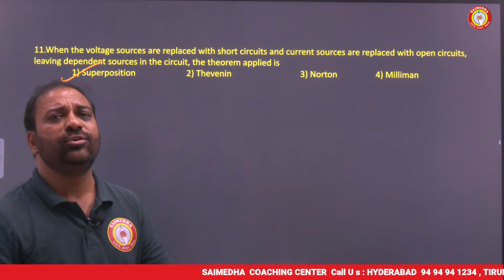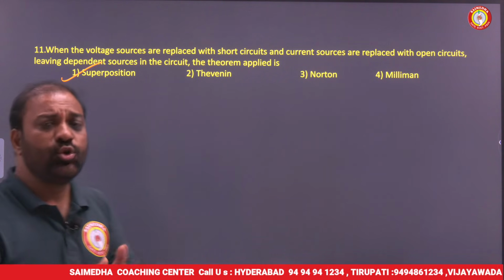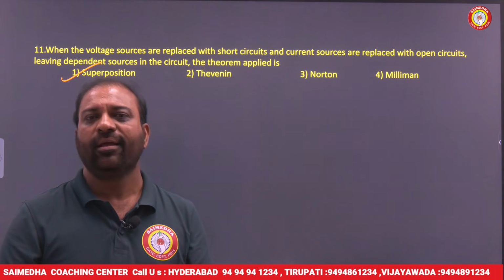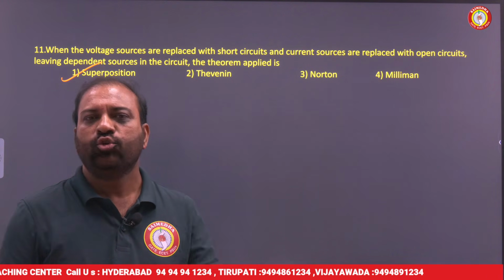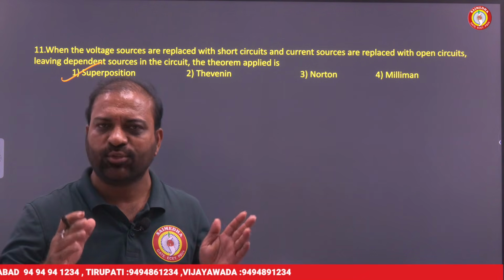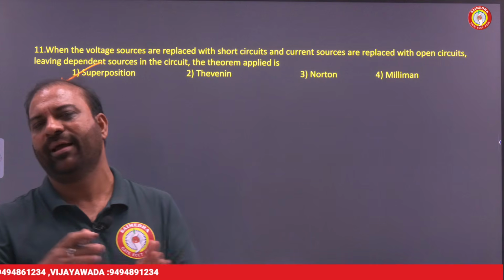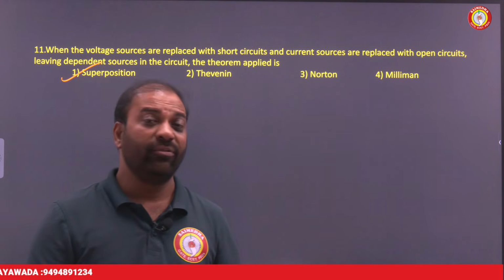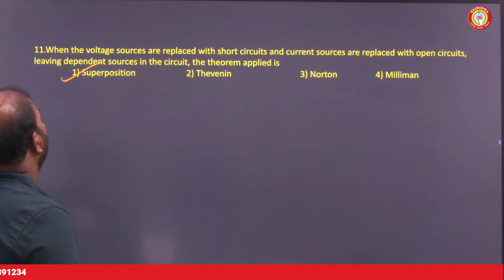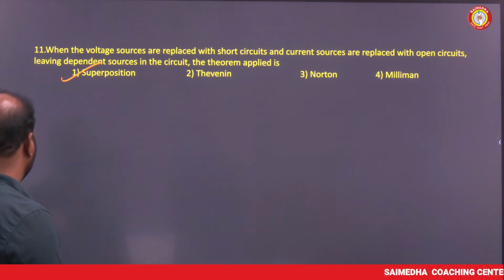So you may think that applies here, but in the superposition theorem, you keep only one source at a time and deactivate all other sources by short circuiting the voltage sources and open circuiting the current sources, but we keep the dependent sources. So it is the superposition theorem. Option 1 is the right answer.